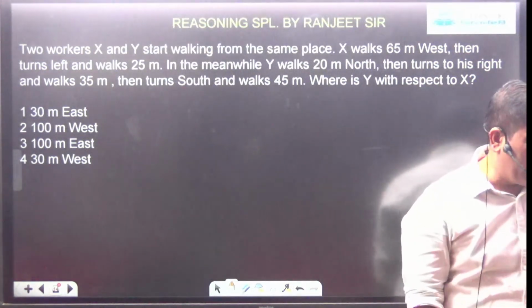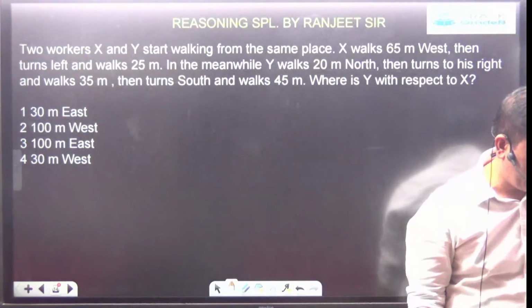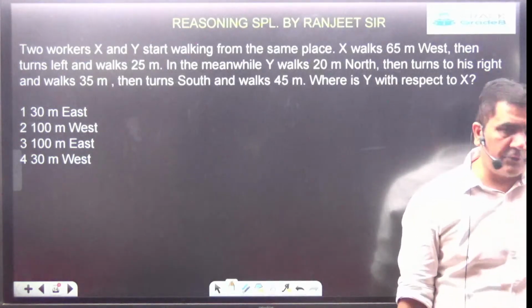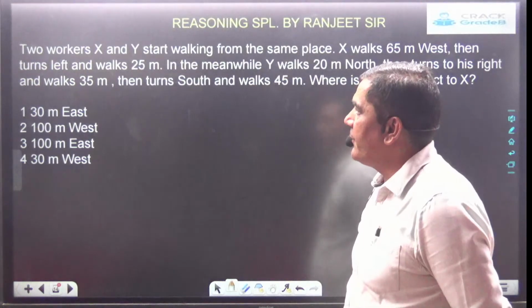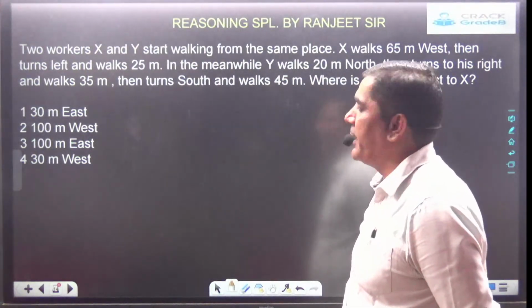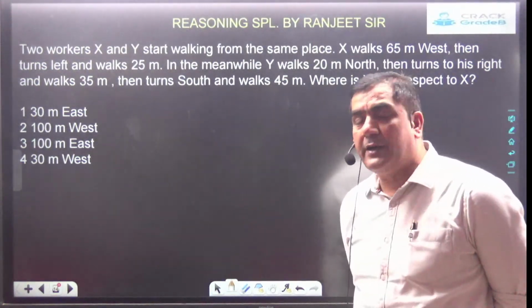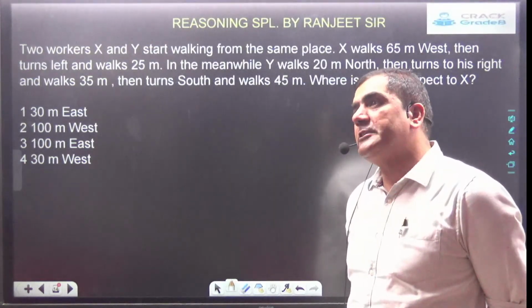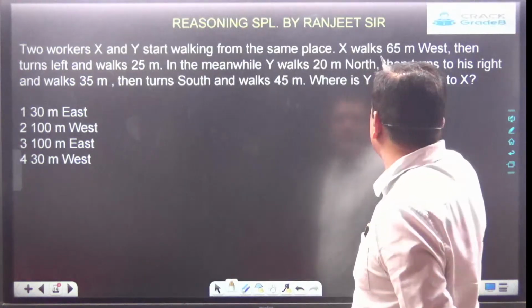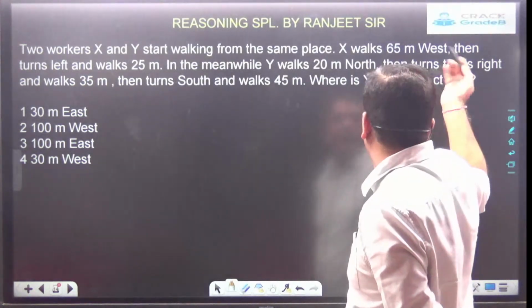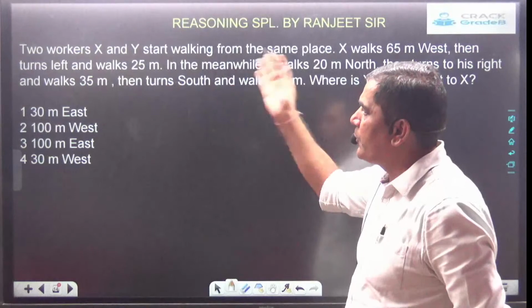We have one more problem based on the same point. What's the answer for this one? Two workers X and Y start walking from the same place. They have not given the word opposite. Same place means they are starting from the same place. X walks 65 meter west, then turns left and walks 25 meter.